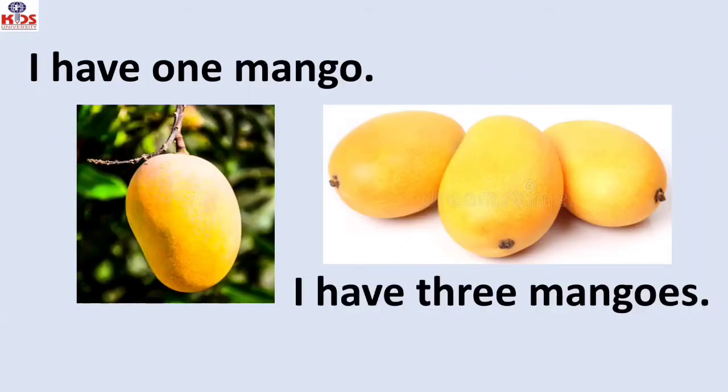Again, we can count the number over here. I have 1 mango and I have 3 mangoes. Do you see? I have changed the word mango to mangoes. Why? Because when there is more than 1 mango, we call it mangoes.